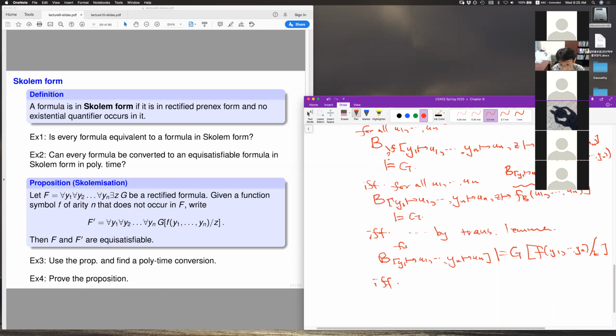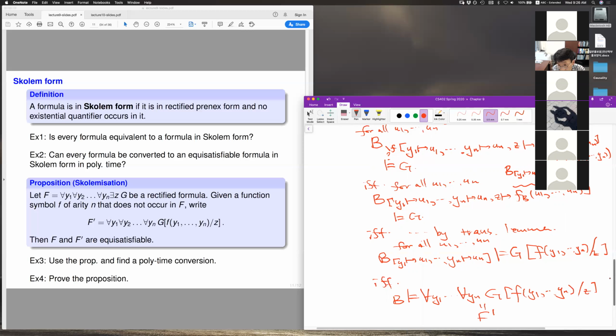Here again, we have a for U_1 to U_N. But this says the same thing as B satisfies, for Y_1 to Y_N replaced by z. And that's exactly the formula F prime.